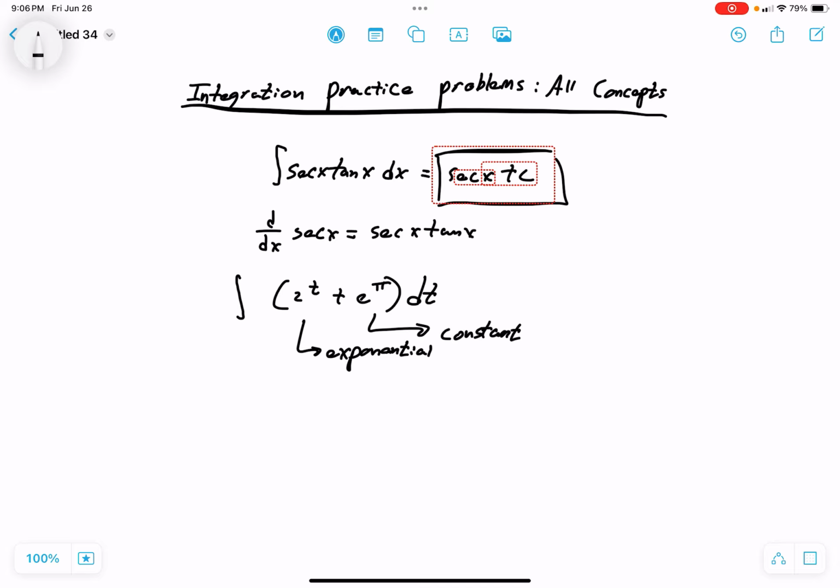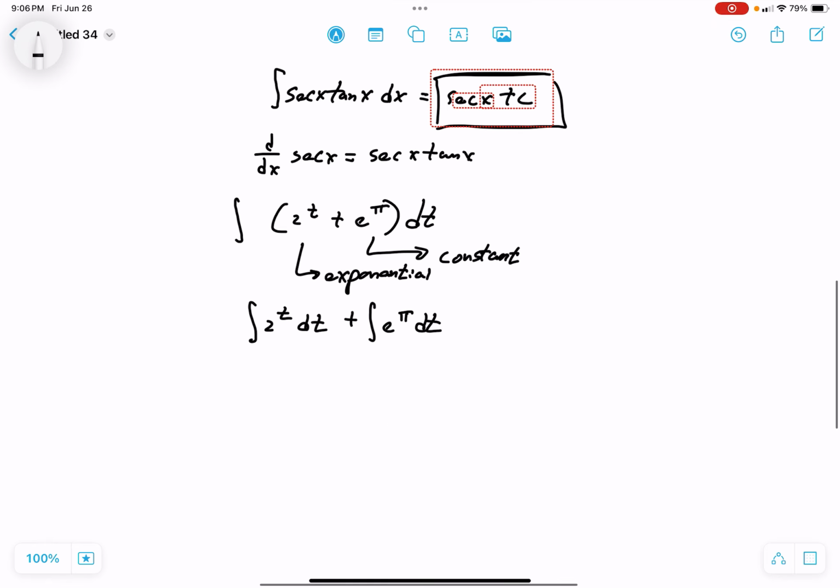Now, before we go into this integral, let's break it up using the sum and difference rule. So I'll have the integral of 2 to the t dt plus the integral of e to the pi dt. Now notice the integral of 2 to the t dt.